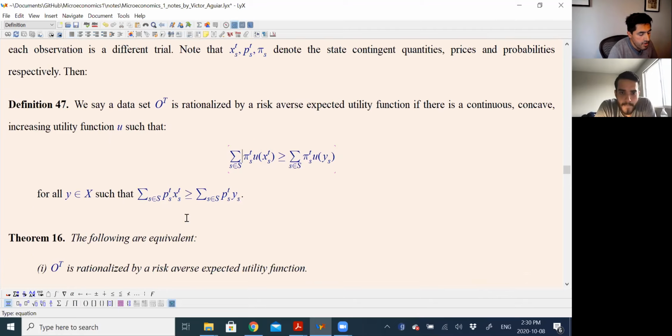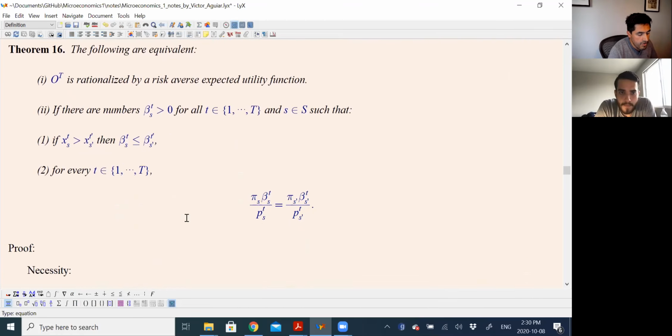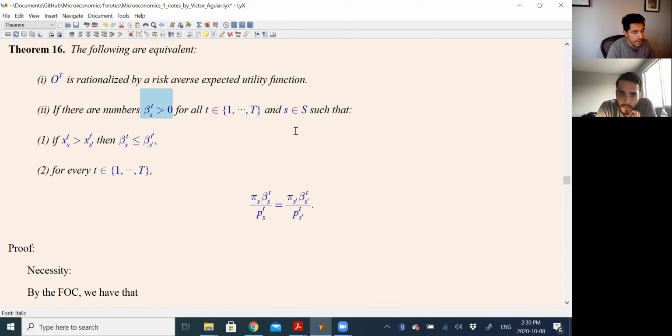And in particular, it turns out that I can test this very easily by running a simple revealed preference test, which tells you that there are numbers, beta, such that the following first order condition works: pi S, the probability of state S, times beta S of observation T divided by P_S^T is equal to pi S prime times beta S prime T divided by P_S'^T.